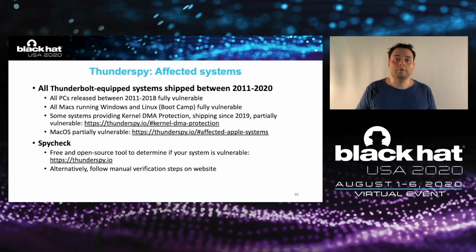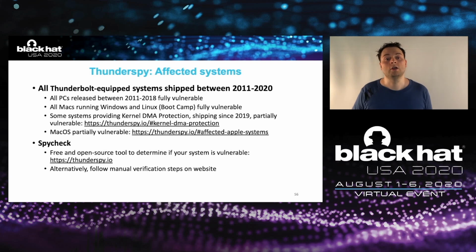So let's talk about affected systems. All Thunderbolt equipped systems shipped between 2011 and today are vulnerable. This definitely applies to all PCs released between 2011 and 2018. They are fully vulnerable. All Macs running Windows and Linux are as well.